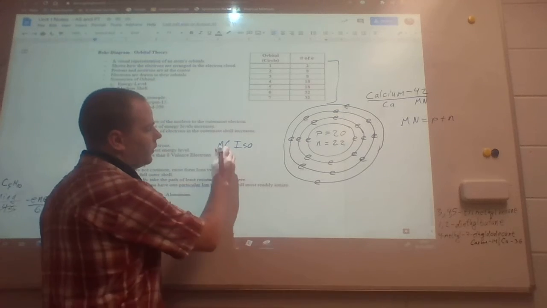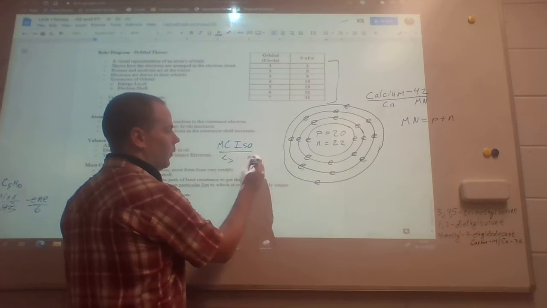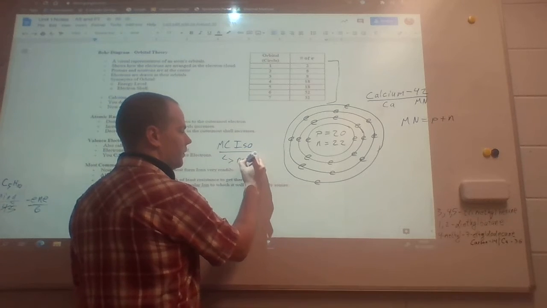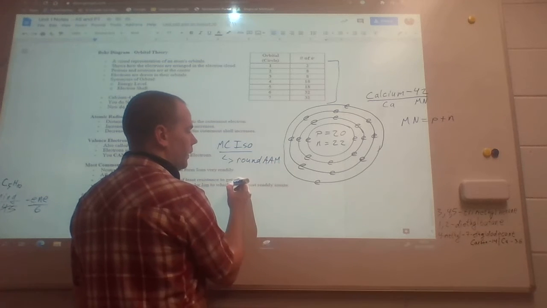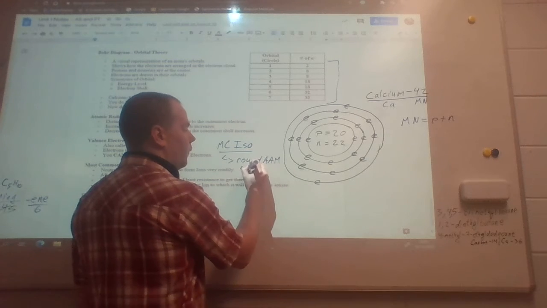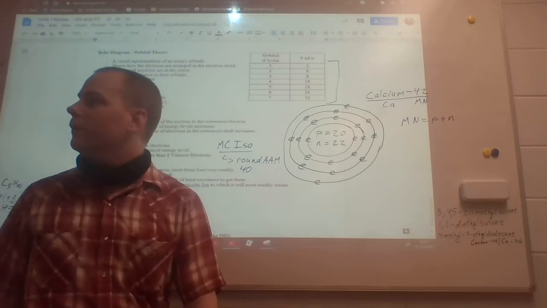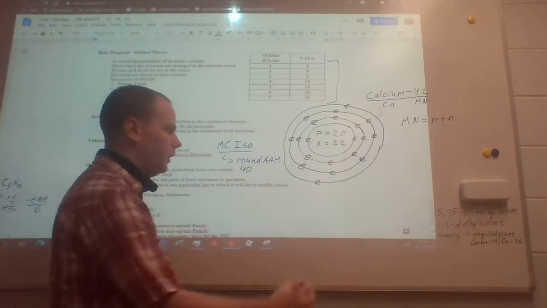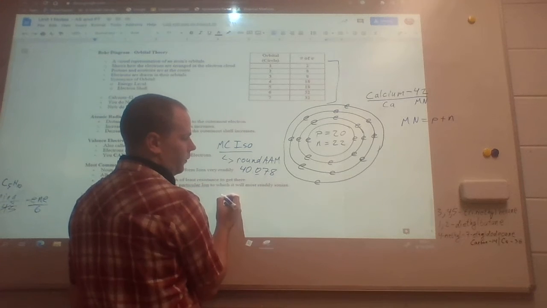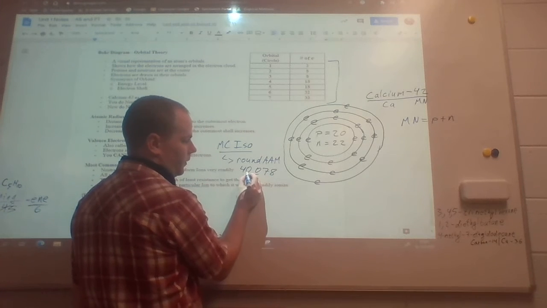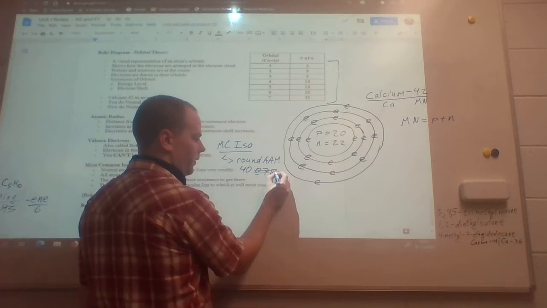To get the most common isotope, you round the average atomic mass. So 40 point, what did I say, 078. This is the number we use to round. 0 makes this stay the same, so we just drop this.